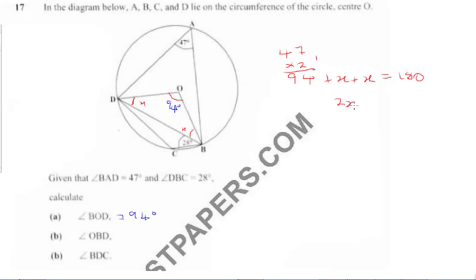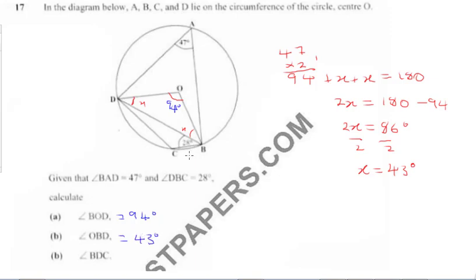So 2x equals 180 minus 94, which gives us 86. So 86 degrees divided by 2, x is therefore equal to 43 degrees. So we've got 43 degrees there, and 43 degrees there. So OBD is 43 degrees.